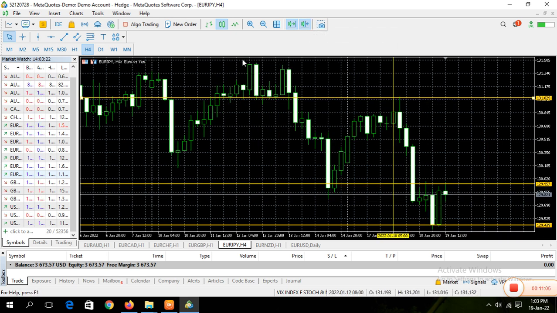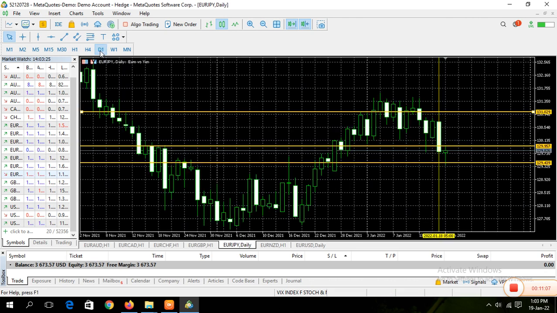Okay, let me check the daily time frame now. When you check the daily time frame, you can see that throughout that day, it was very bearish, because it's a continuation of this downtrend after this consolidation. You can see that it consolidated for a time before it moved down.